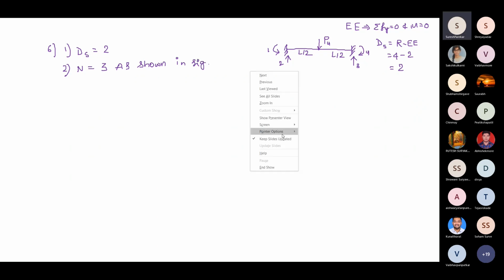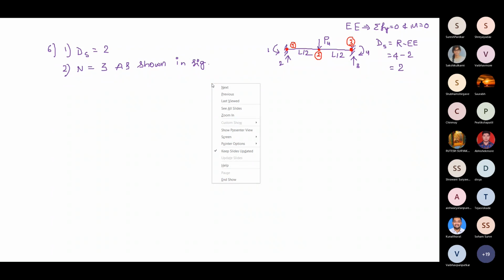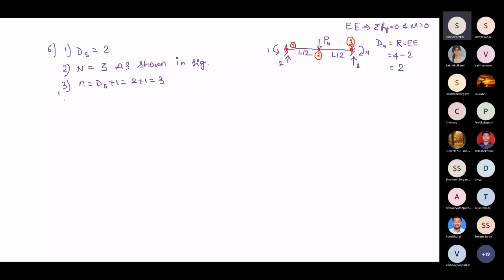So we have this is 1, this is 2, and this is 3. Then we have third, small n equal to DS plus 1, 2 plus 1, we have 3, and 3 we have.